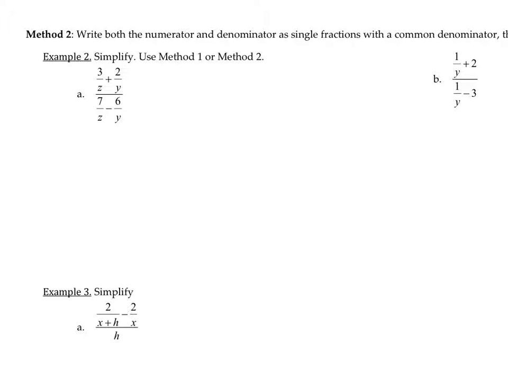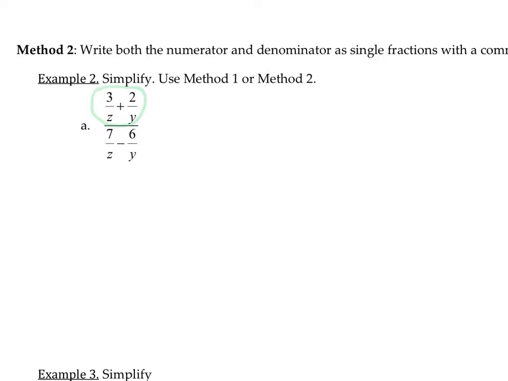So we have our complex fraction here, and what you really want to do is focus on the numerator and denominator separately. So just looking at the numerator, I can see that I have a common denominator of yz, and so I'm going to build each fraction to that common denominator. I will multiply this one by y over y, and this one by z over z.